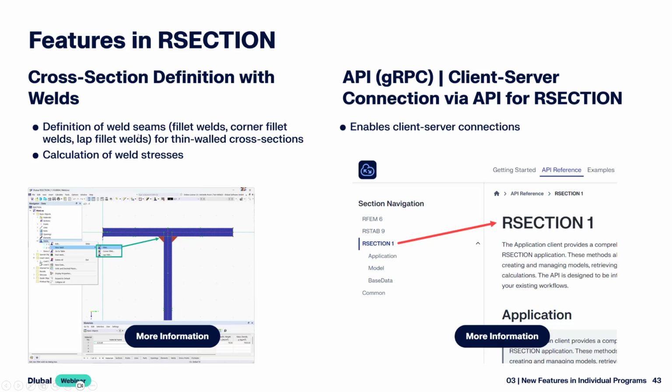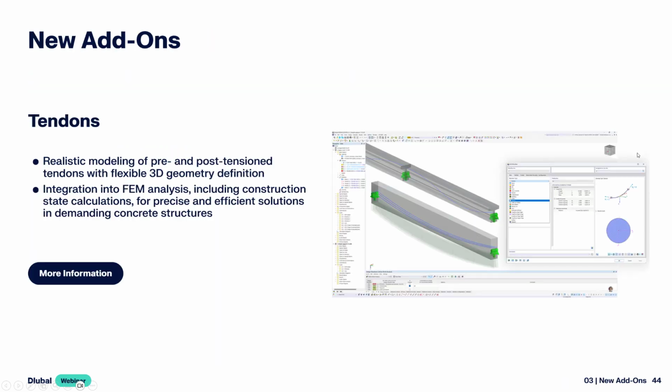Then features in our section: the cross-section definition with welds is possible. Our sections now can be connected to the API. You can see that also in the client server, not only for RFEM 6 and RSTAB 9, also for our section now. Then we turn to the new add-ons. That's the tendons add-on.